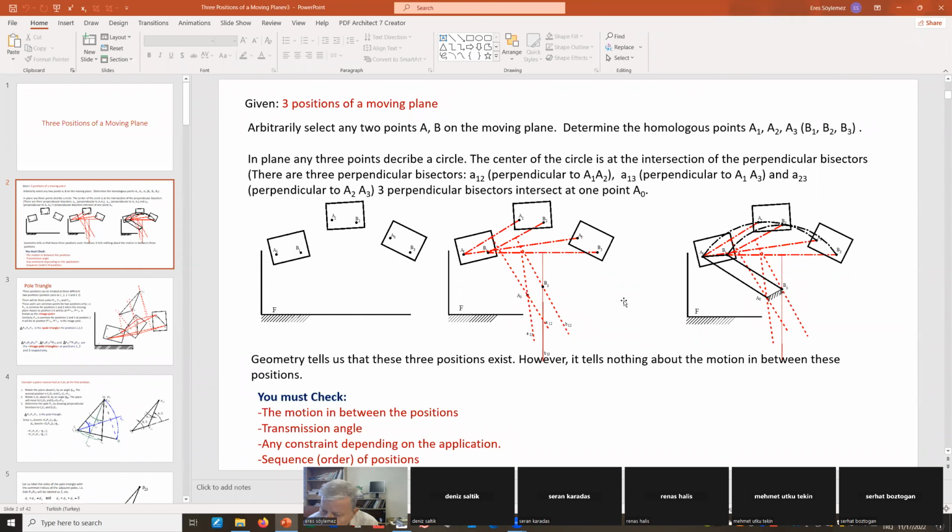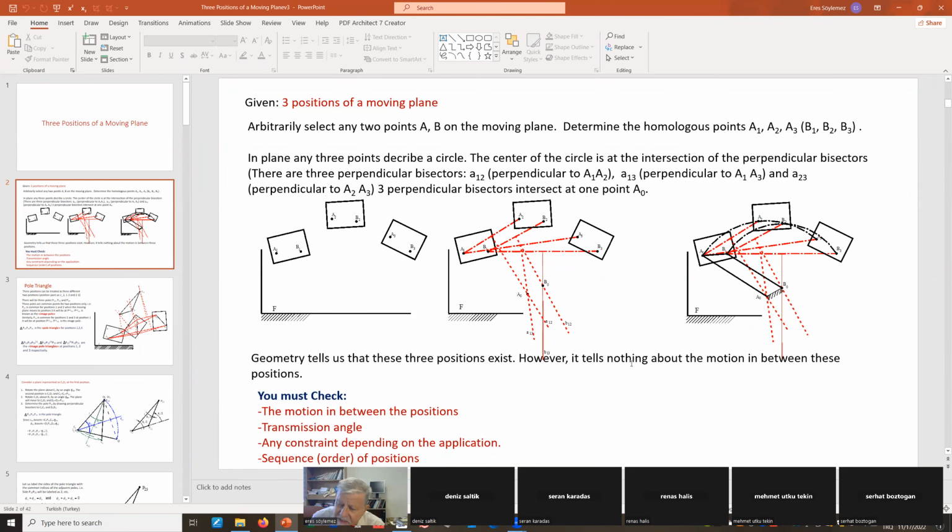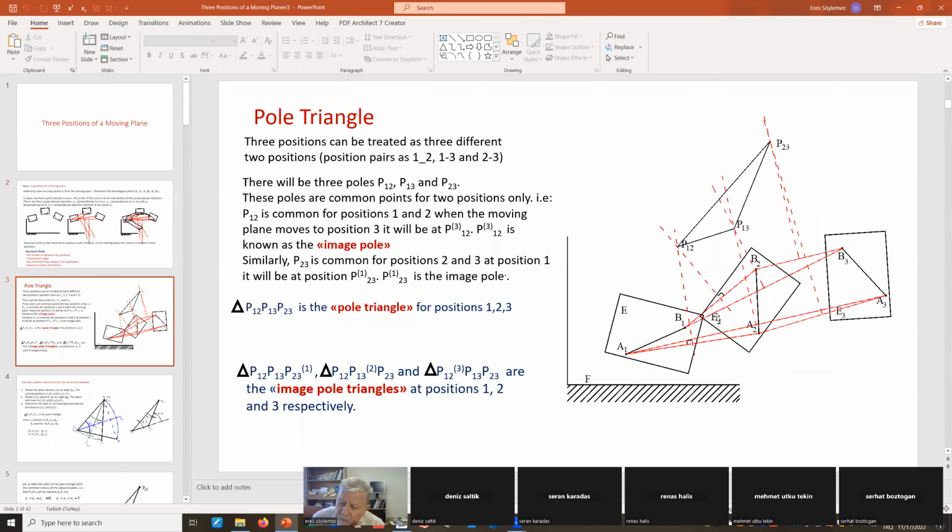Unlike the 2-position synthesis, where we had 6 parameters, now we have 4 parameters, 2 for each circle point and center point. Now, this is not enough. So we determine the pole triangle.